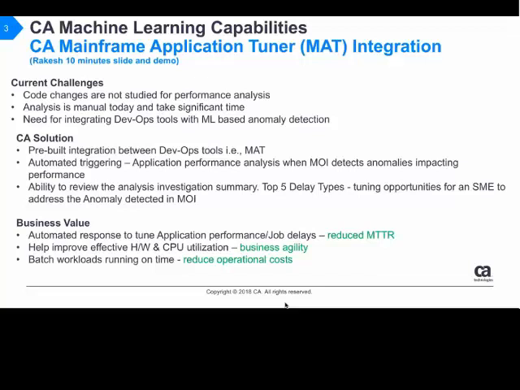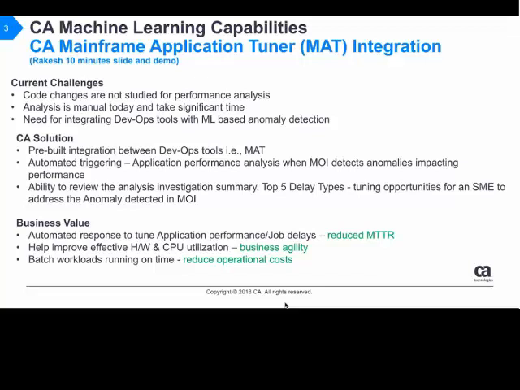The system programmer can then log into the MAT UI for further drill down of the MAT analysis report for this particular job, and he fixes the problem. With the adaptive thresholding and dynamic alerting built-in capabilities of CA MOI, since the problem is fixed by the system programmer, we no longer see the alert in the alert console for that particular job in CA MOI.